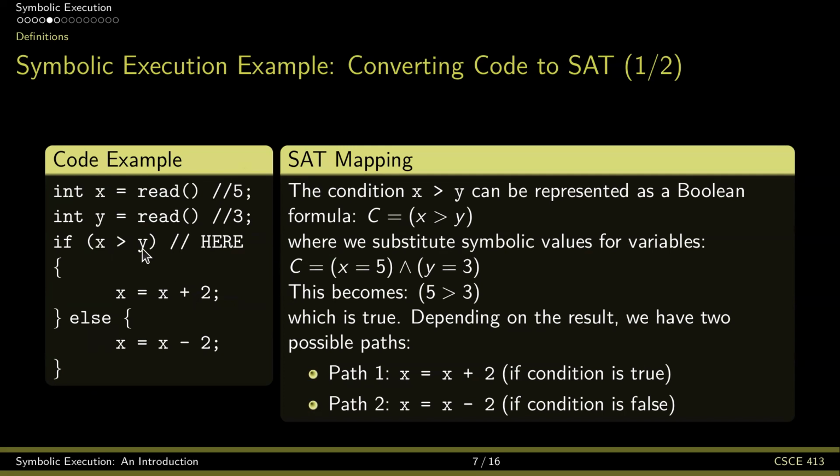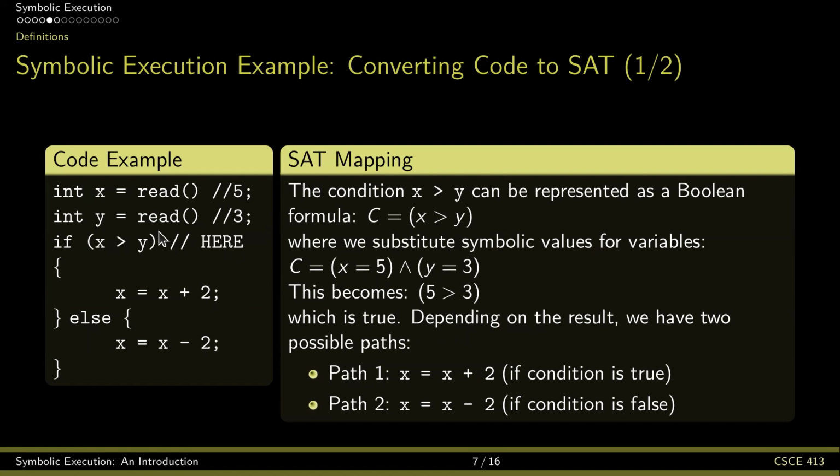What I'm proposing is that we model this decision symbolically. So this decision, instead of being this concrete value, is going to be modeled as the condition of the if: is x bigger than y, right? And then at some point, when we need to actually decide, we substitute here: what is x? Well, x is equal to 5, y is equal to 3, so 5 is bigger than 3, as was expected.